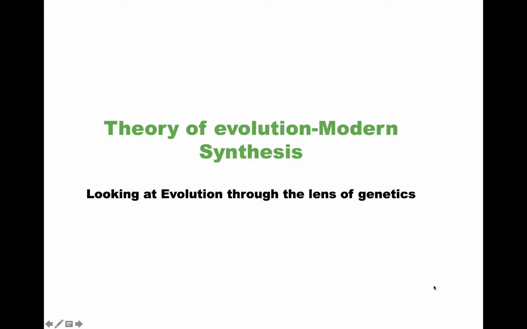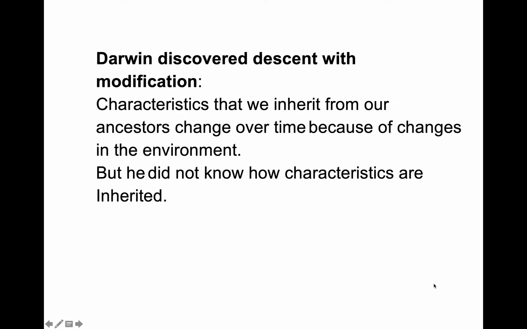But many years later, when his discoveries came to light, scientists realized that they could express evolution in a whole new way, through the lens of genetics, and that gave them a really powerful tool to actually quantitate evolution. So this video describes what that means.